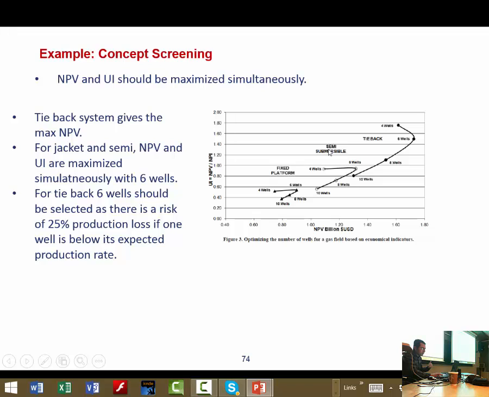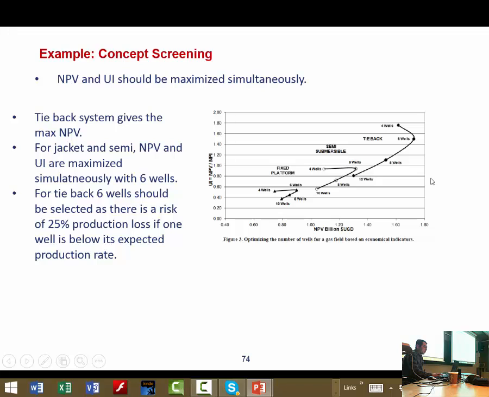For fixed platform and semi-submersible, you can see the 6 well case is the case where net present value and utility index are maximized simultaneously. But for tieback, 4 wells maximize utility index and 6 wells maximize net present value. So it's difficult to make a decision here because it's not straightforward.